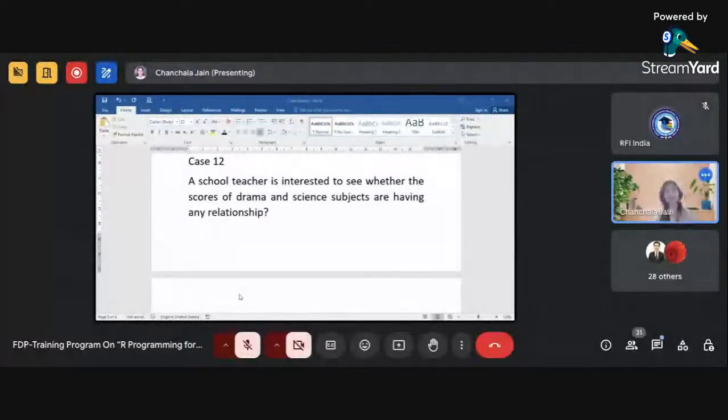And when you are clear about the type of your variable, you will be able to select the appropriate statistical test. If your objective is to find the mean difference in the perception of male and female towards, for example, a restaurant, then you can decide that you have two categories.